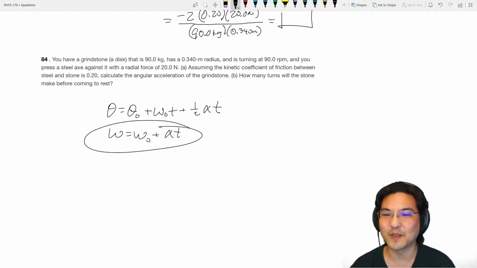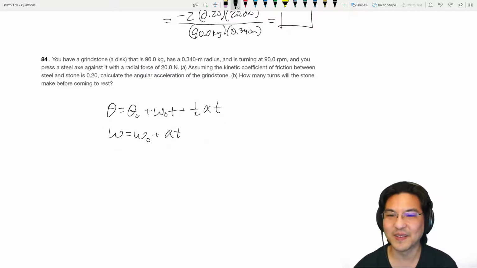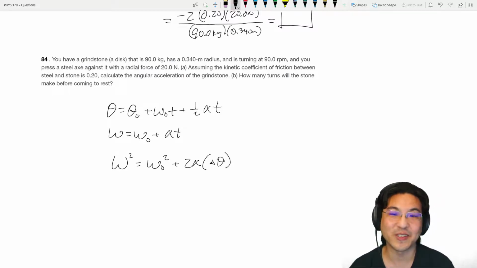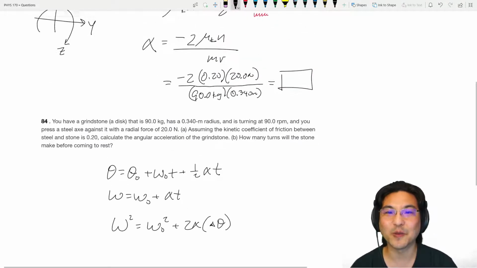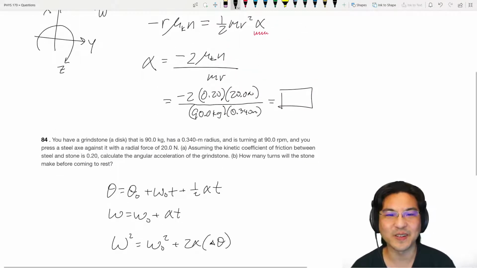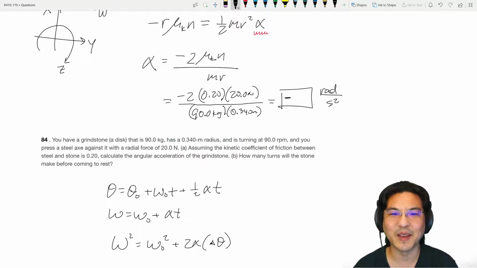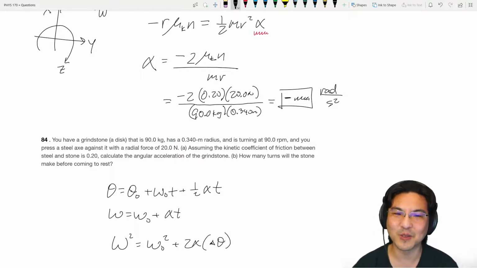If you solve this for t and plug it in there, then you get this one. It boils down to what do we know and what do we not know. We just solved for the angular acceleration here, in radians per second squared. Just punch in the calculator. It'll be negative something radians per second squared.